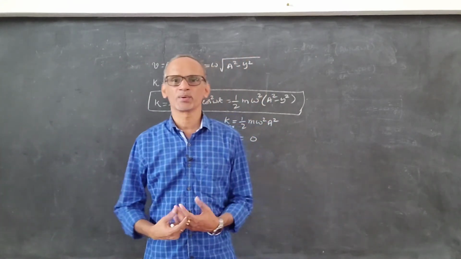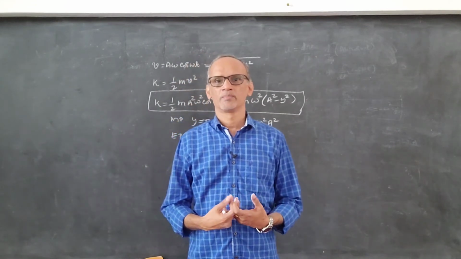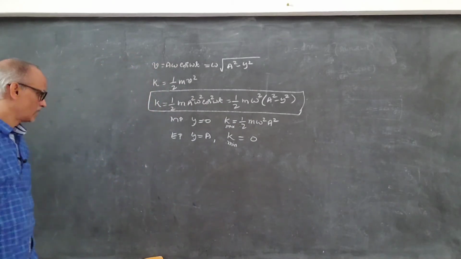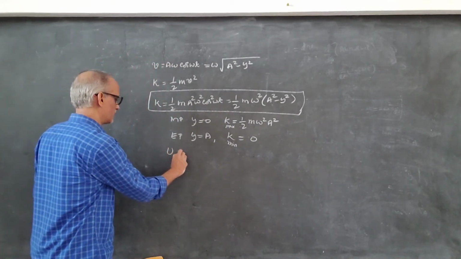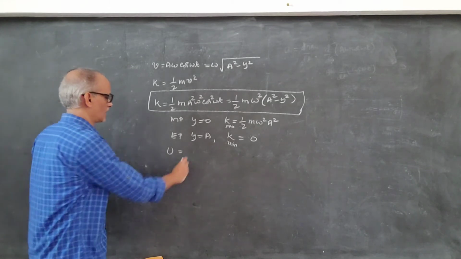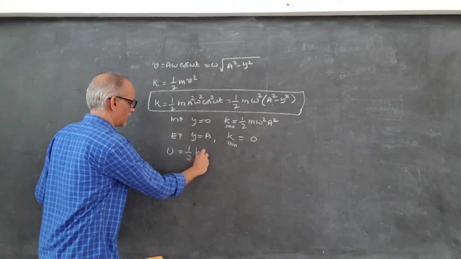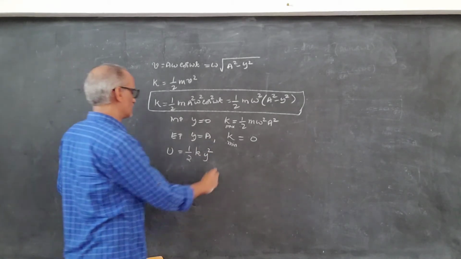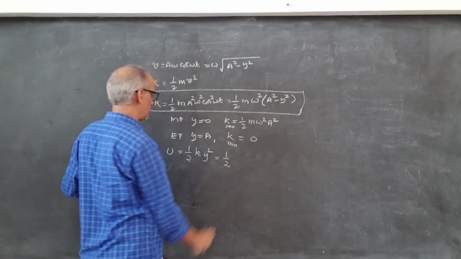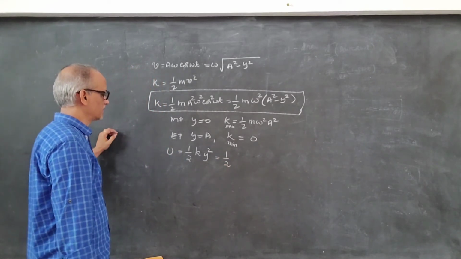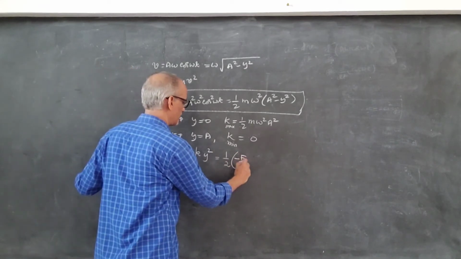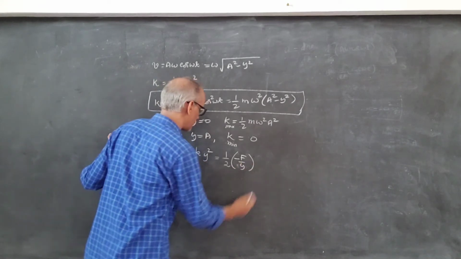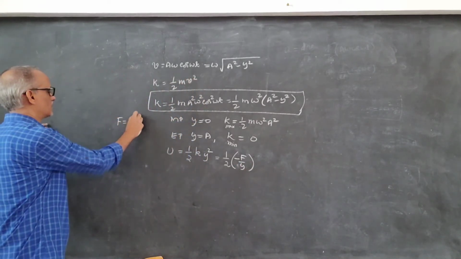Now since there is a restoring force, it also possesses potential energy, which is called elastic potential energy. And that elastic potential energy is given by U is equal to half k y square, which is half, k is nothing but minus F by y, because the restoring force F is equal to minus k into y.